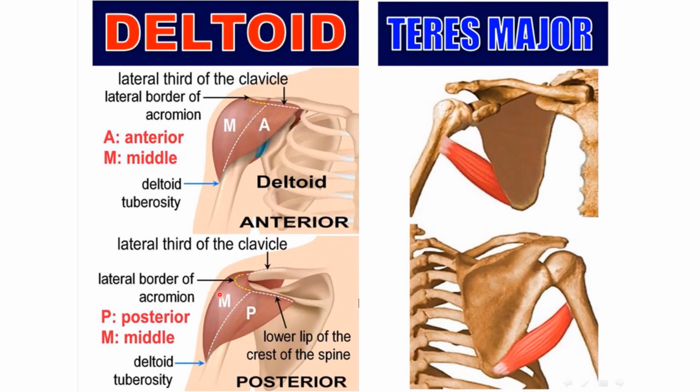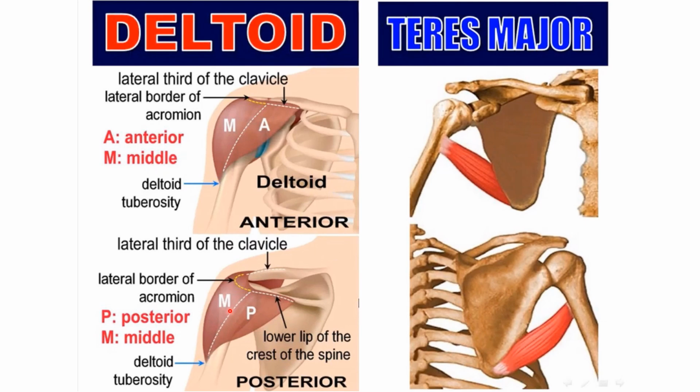Now, the deltoid originates from the clavicle, the acromion, and the crest of the spine, and it inserts on a tuberosity called the deltoid tuberosity.